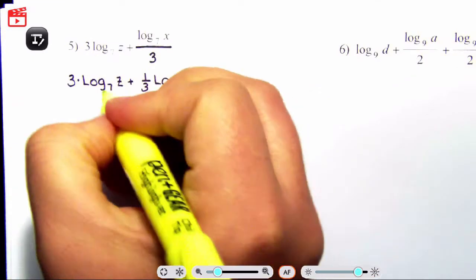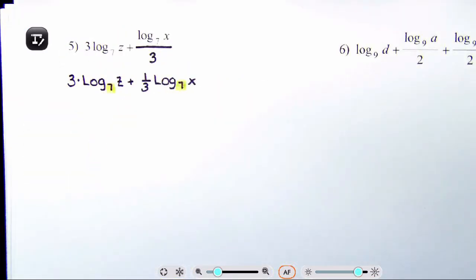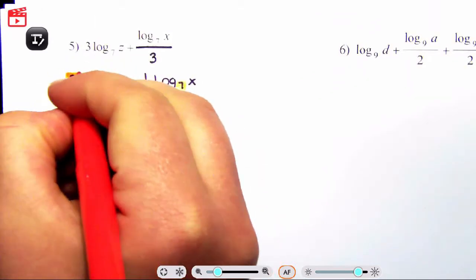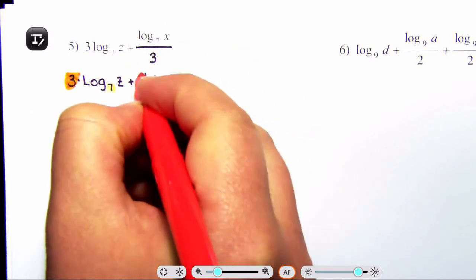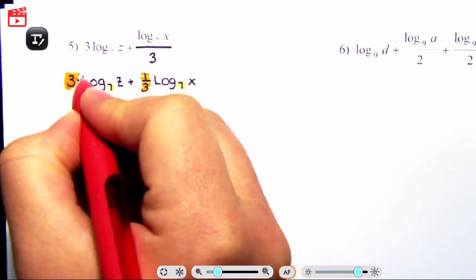I see that I have the same base, which is super important. We need to have the same base in order to apply these properties. Next, I notice I have the 3 being multiplied by my first log, and a 1/3 being multiplied by my second log. That means we're going to use the power property to undo that expansion, because our goal is to condense.